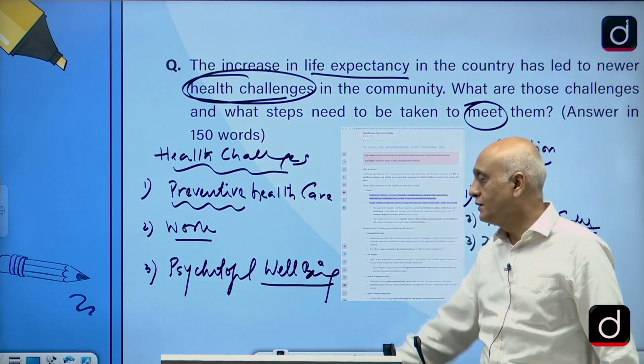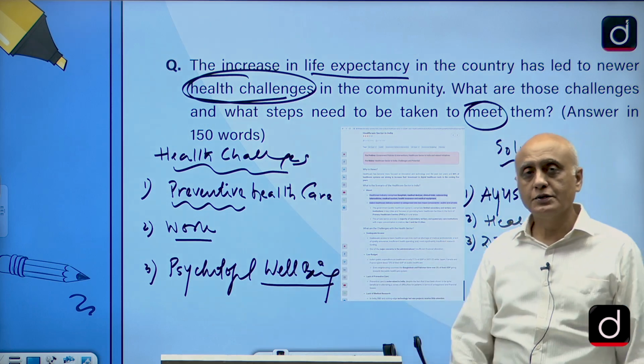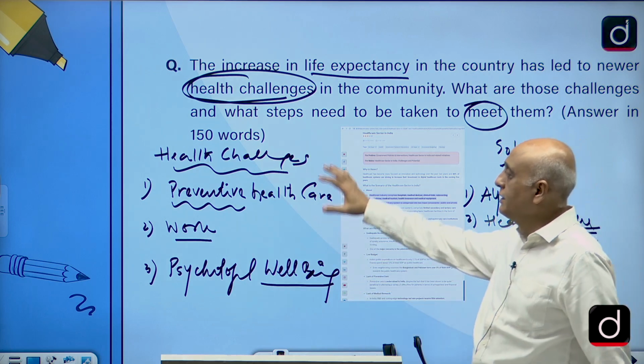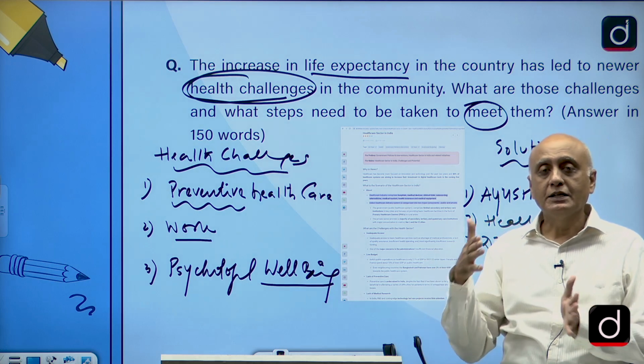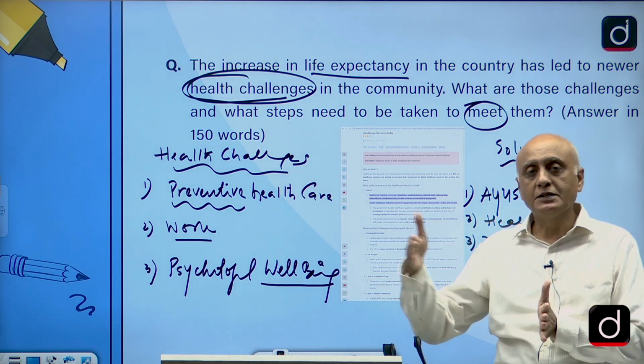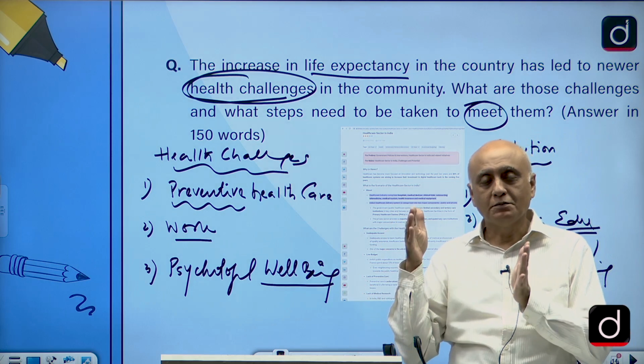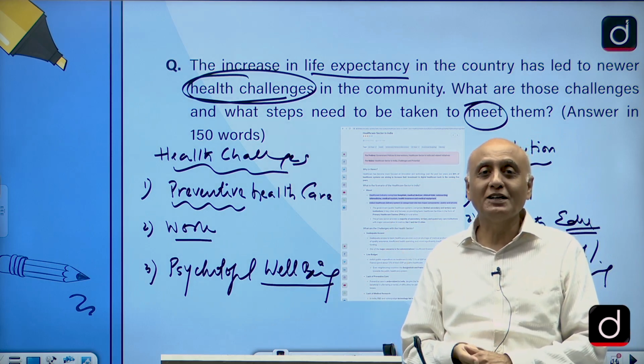So there are a lot of psychological issues that arise, and this is I think the biggest challenge. When the life expectancy increases, and from the age of 60 a person lives up to 90 years, passing those 30 years is going to be very difficult.